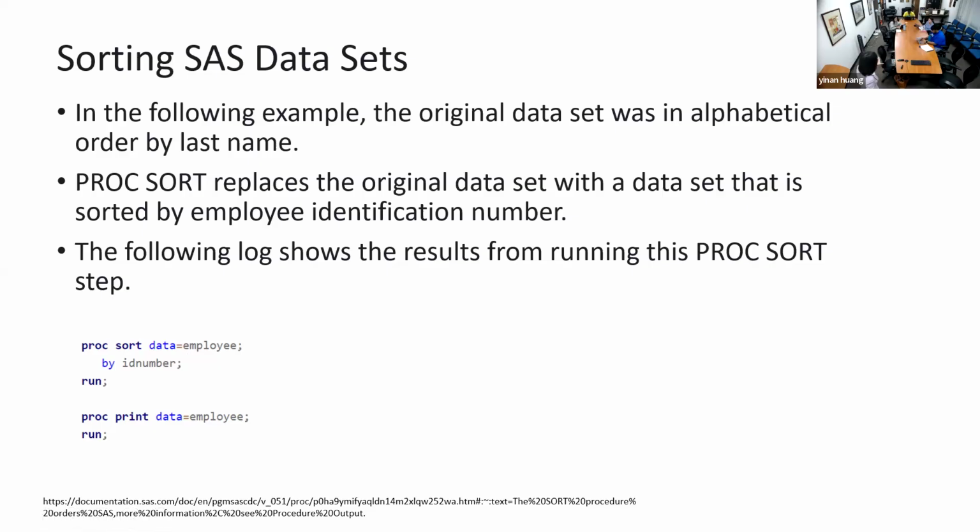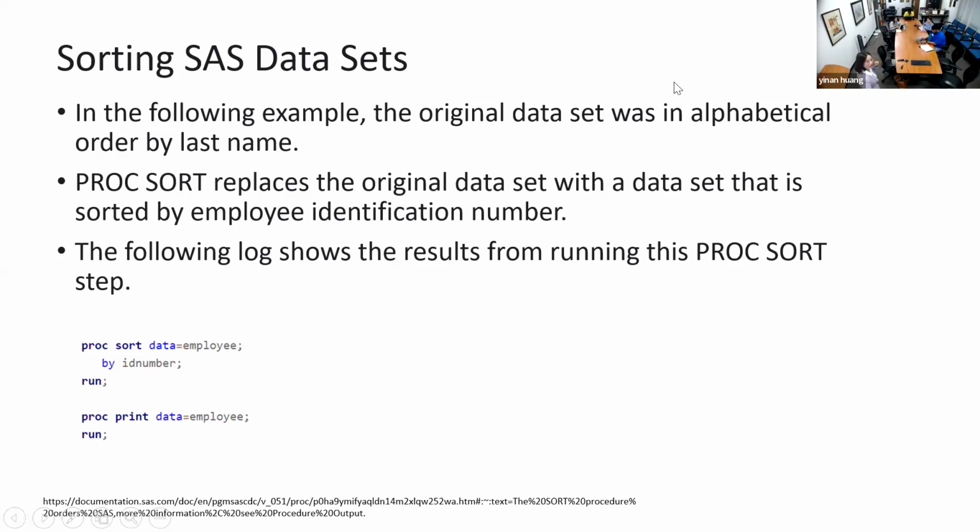It means the employee data set is housed in the work library. They sort this employee data set by the variable called ID number, so ID1, ID2, ID3, and then they print out the employee data set.